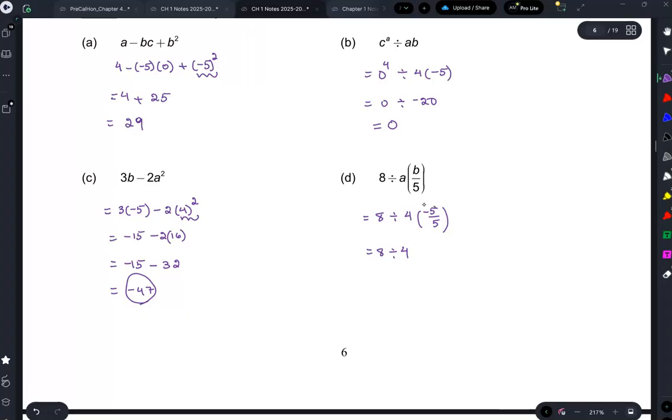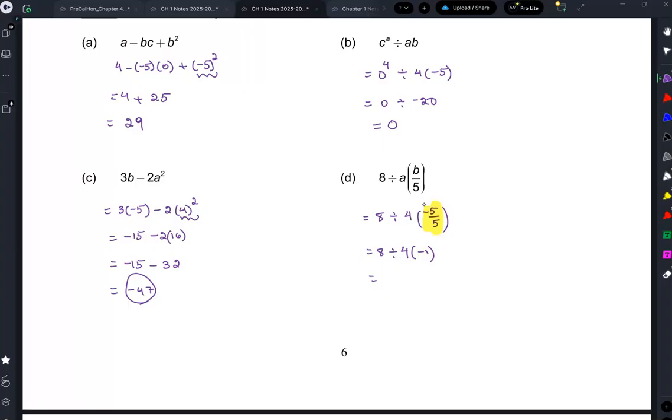I do that first because that's a grouping symbol. Here. How much does that give me? Negative 1. So 8 divided by negative 4, right? How much is that?